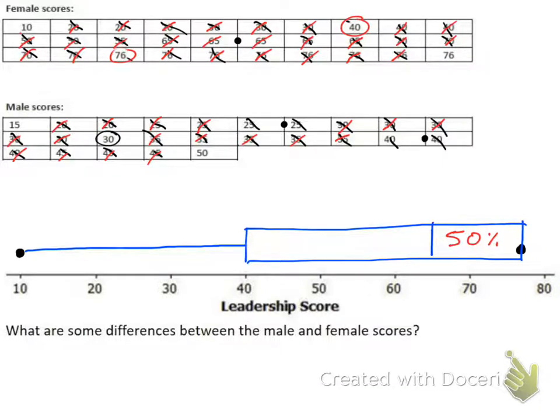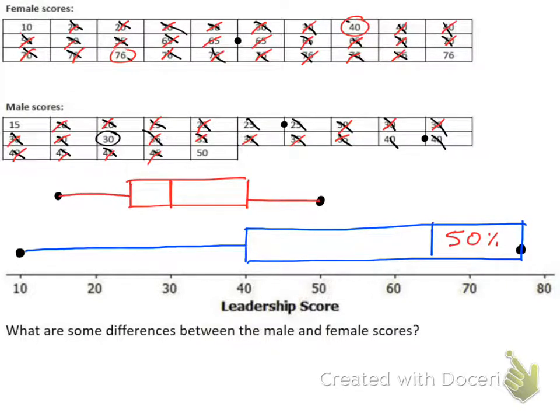So when I do this one, there's my 15. There's my 50. Got the beginning of my box at 25 and 30, and the end of my box is 40. So there's my box and whisker plotting.